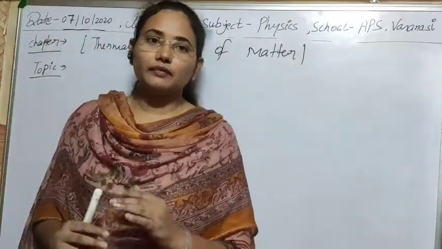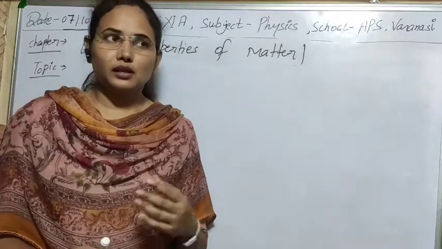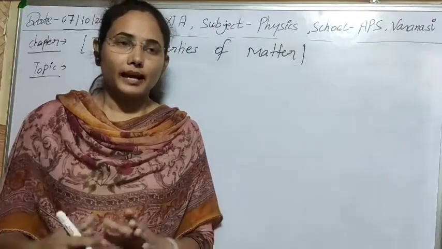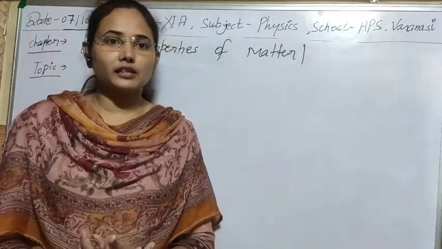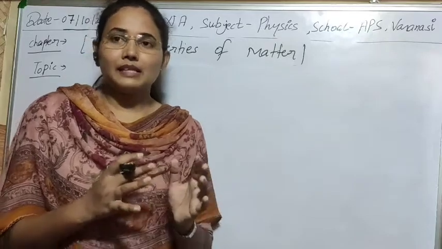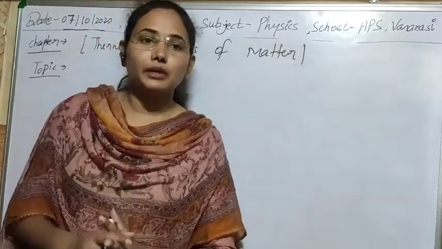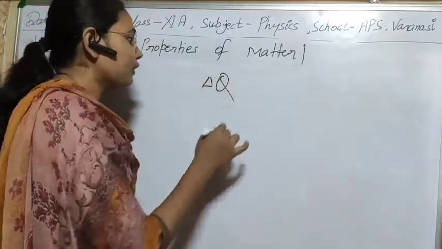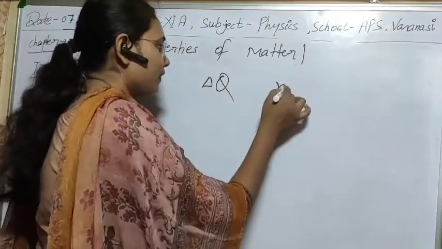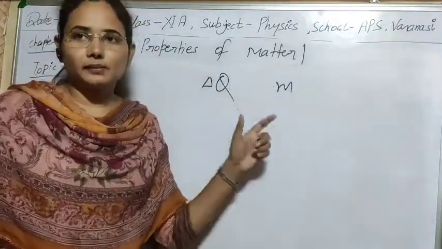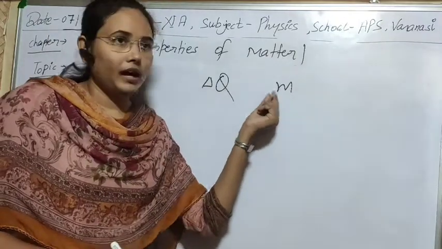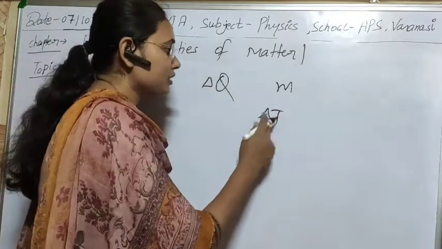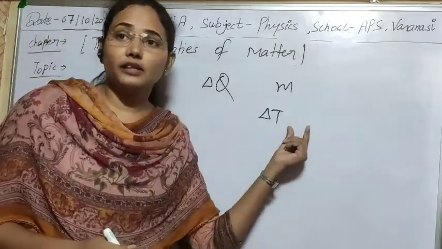Experiments show that when we add heat to a certain amount of mass, with masses fixed for different substances, and we provide heat energy to it, then different changes in temperature take place. Suppose we provide some delta Q energy to substances of mass m, everyone has mass m, and we provide delta Q heat to them, then the change in temperature, suppose this is delta T, is different for different substances.